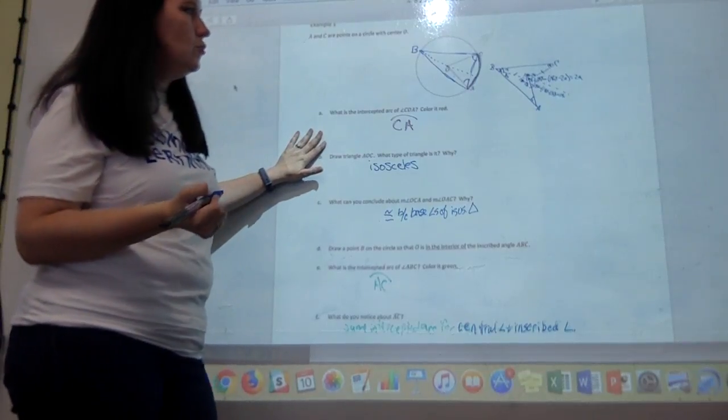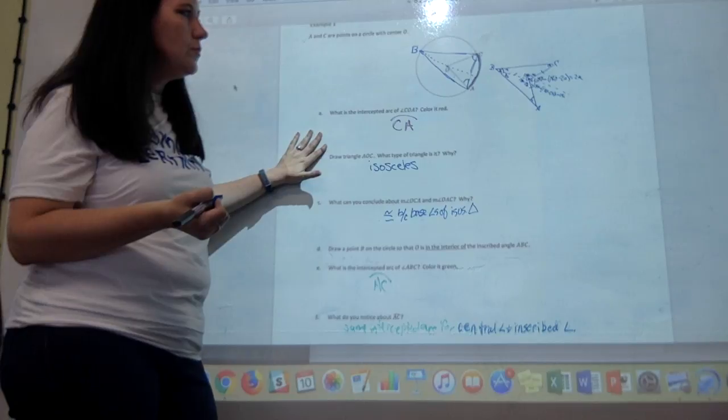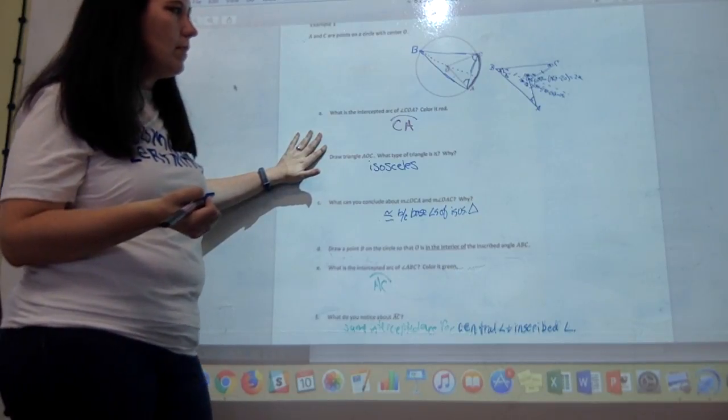There it is. Divide both sides by 2. So, yeah, B equals it.